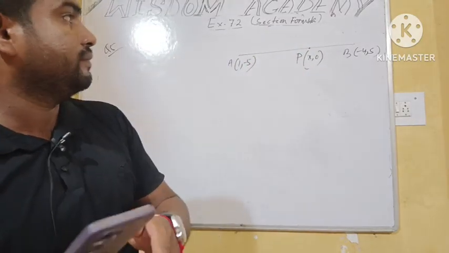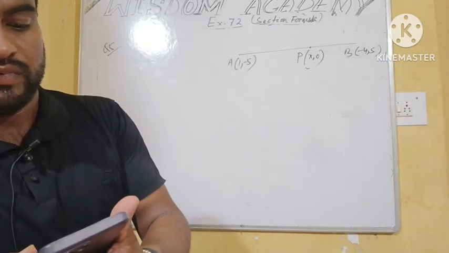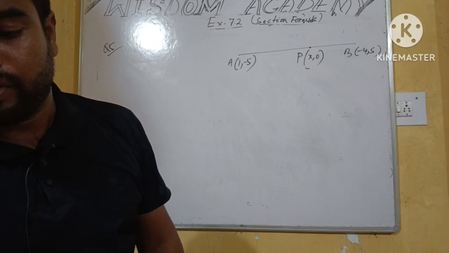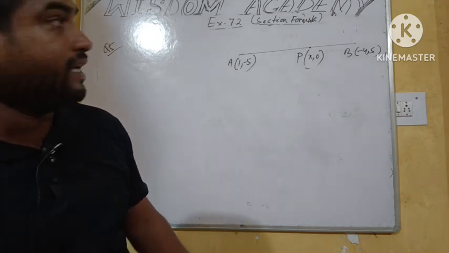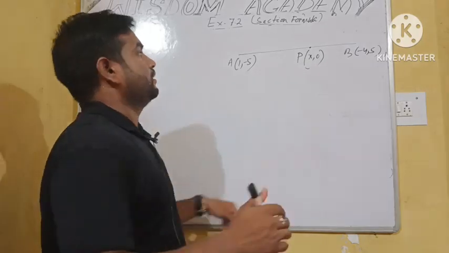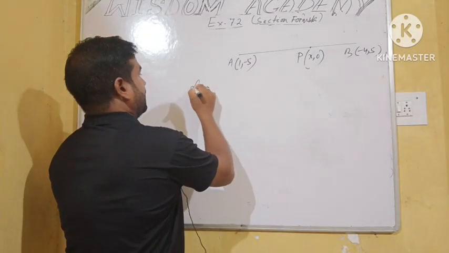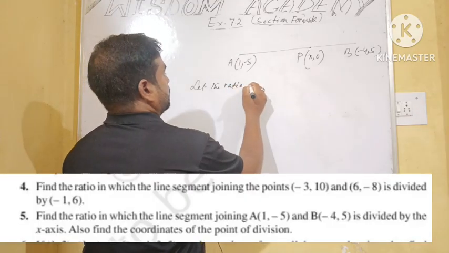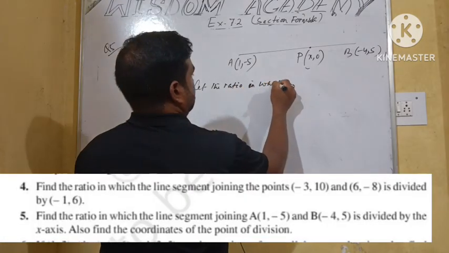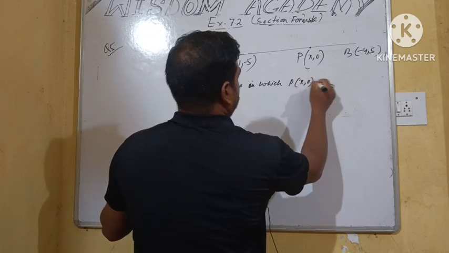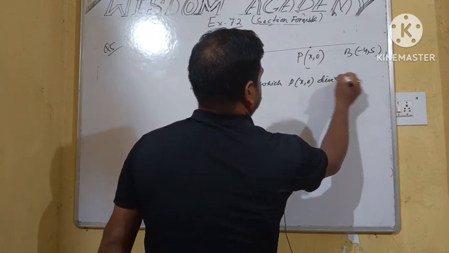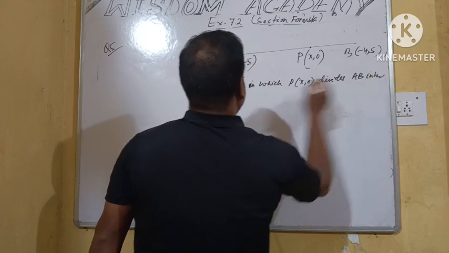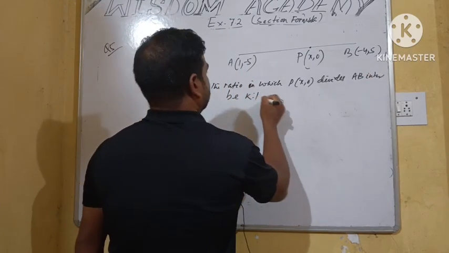We have to find the coordinates of the point of division. The coordinates of the point of division means what is the value of x. Let the ratio in which P (x, 0) divides the line segment AB internally be k is to 1.